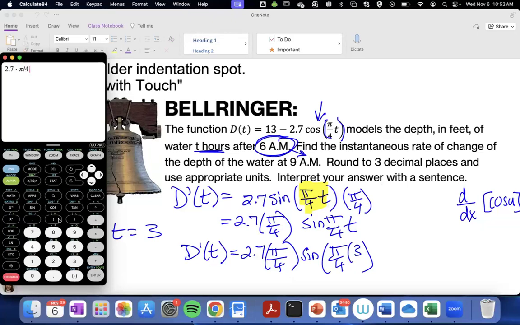This thing is really slow. Times the sine of pi over 4 times 3 in parentheses there. And you'll get 1.499. 1.499.